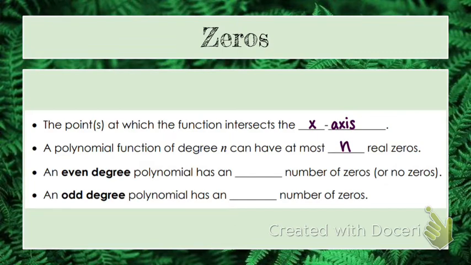An even degree polynomial has an even number of zeros or none at all. Even degree means 2, 4, 6, etc., and they have to have either an even number of zeros or no zeros at all. Now an odd degree polynomial has an odd number of zeros.